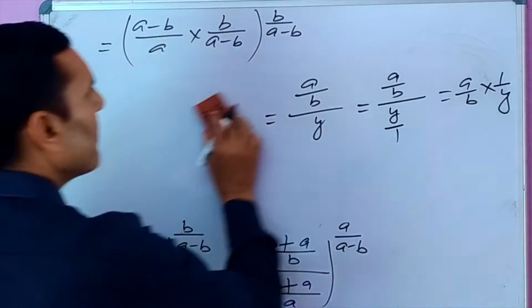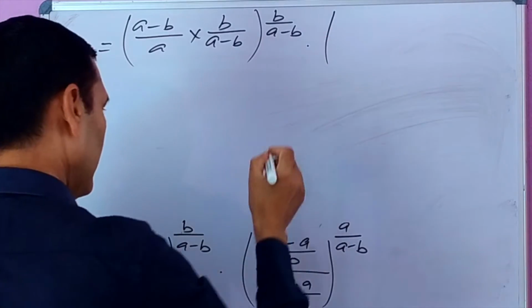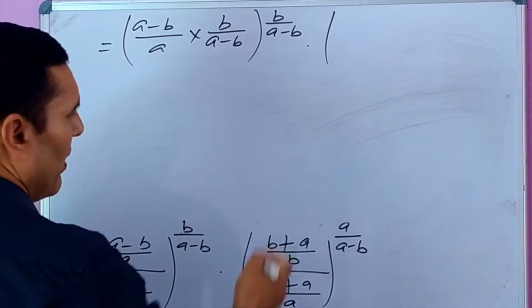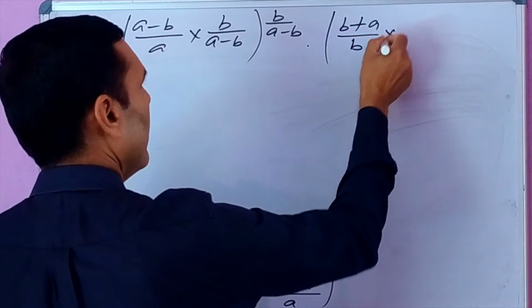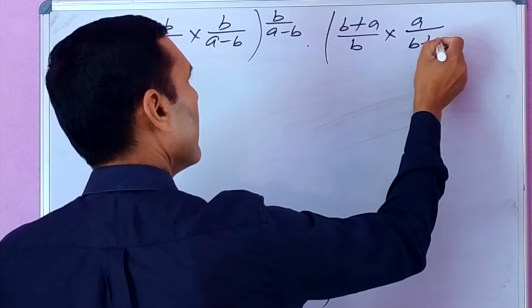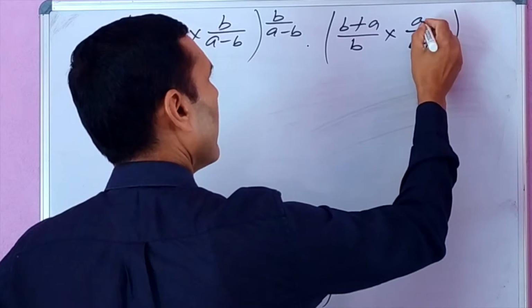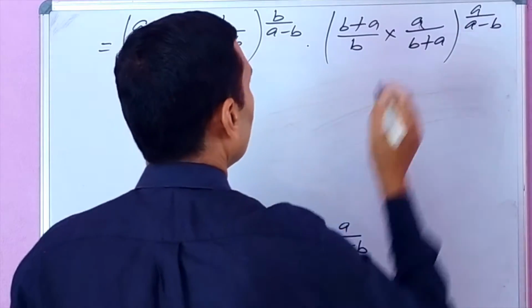So in this way, this second bracket also, it is b plus a upon b, into a upon b plus a, whole to the power a upon a minus b.